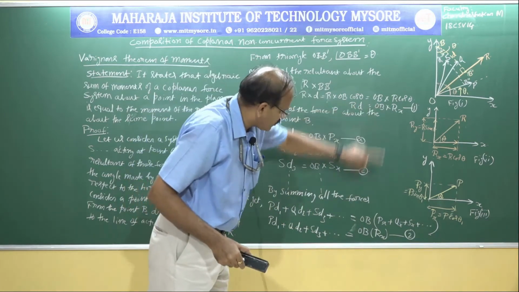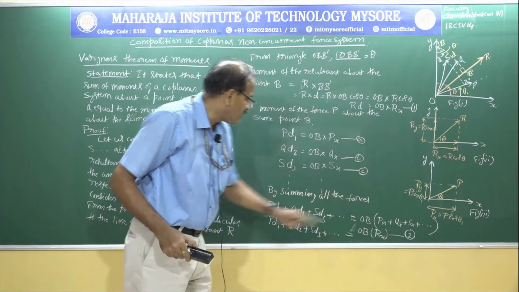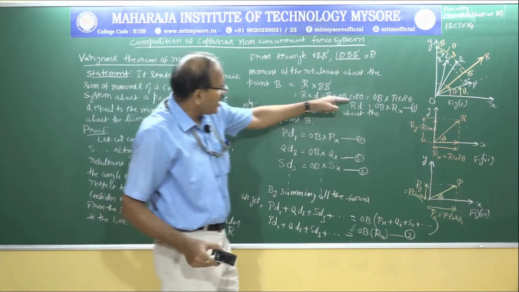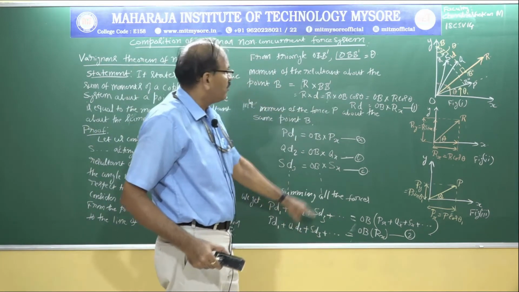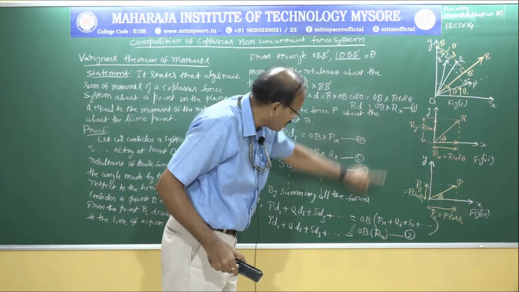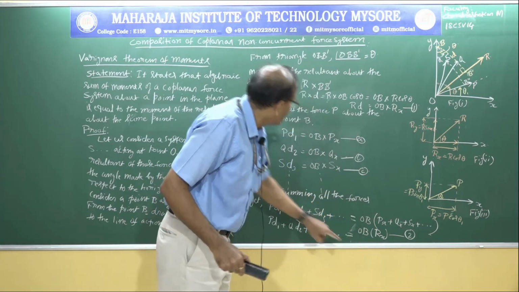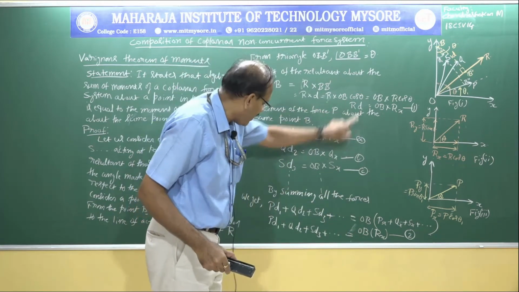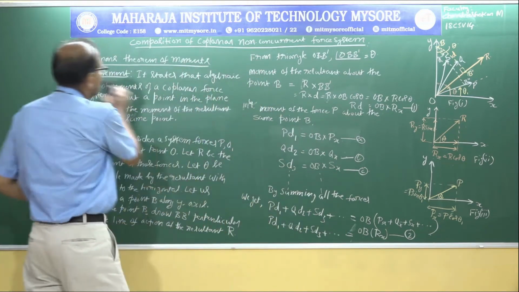So compare these two equations. I can equate equation 1 and equation 2. Look here, OB multiplied by Rx. This is also OB multiplied by Rx. So I can equate RD with this.